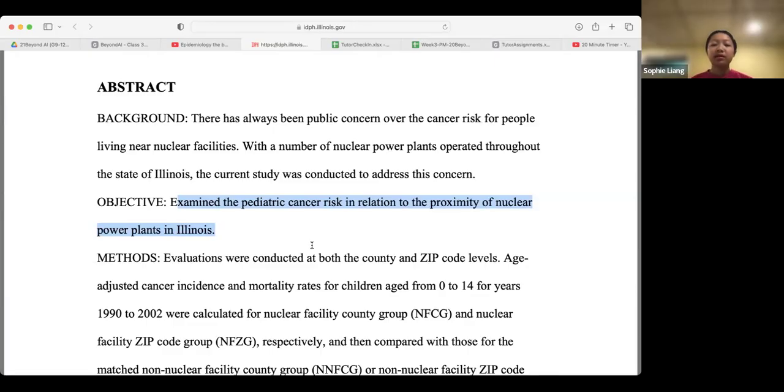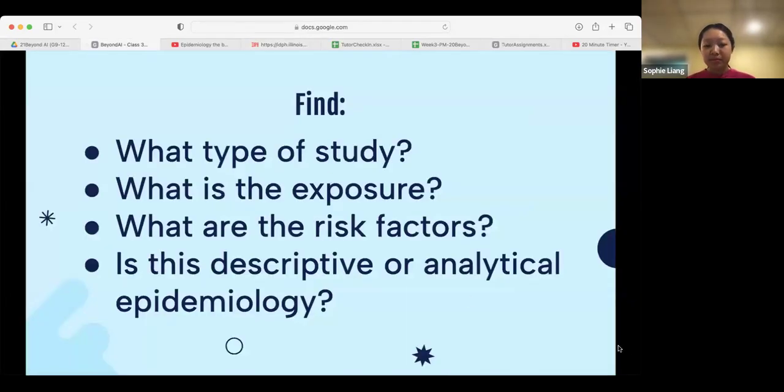They're not really trying to look at why they might be getting more cancer risk or how. And then the why and the how is analytical, so it's not analytical, so it's the other one, which is descriptive. But that was a good guess though.